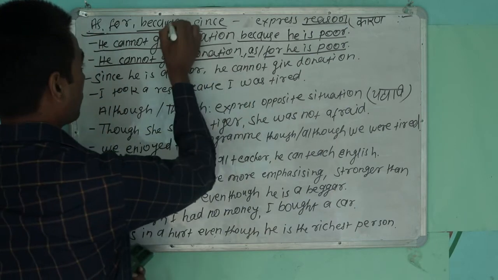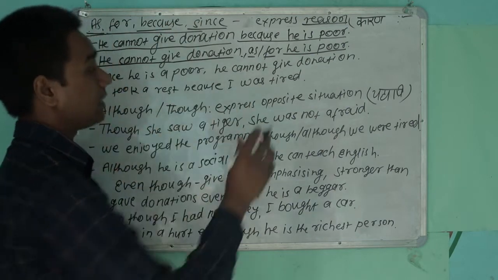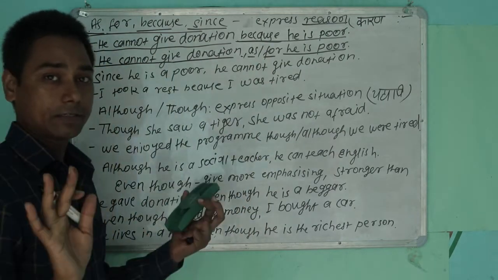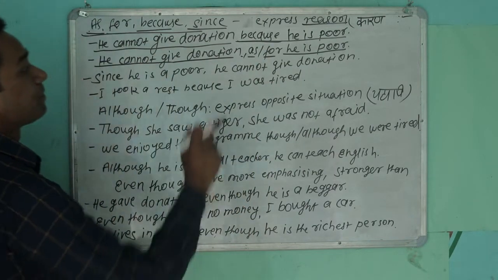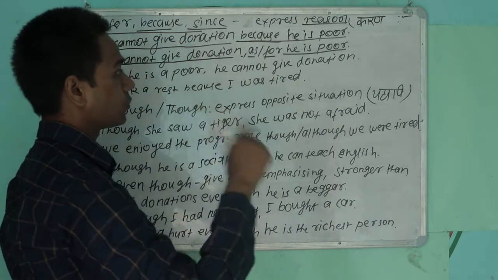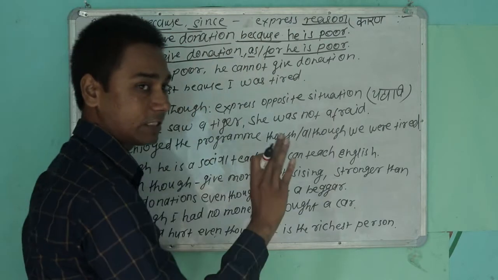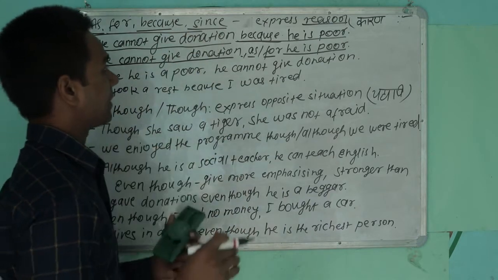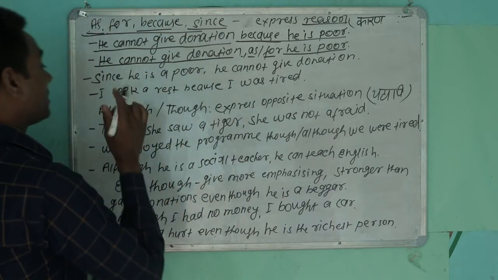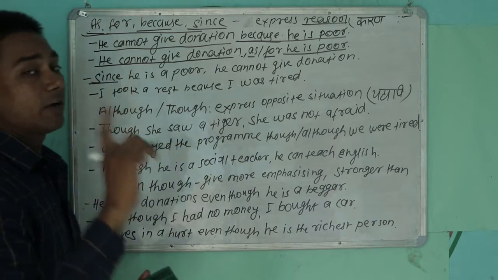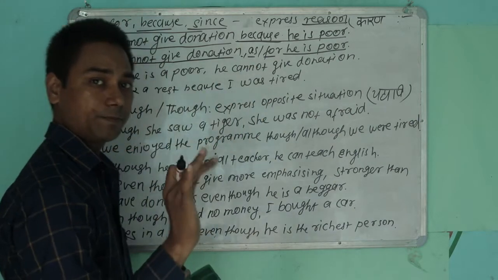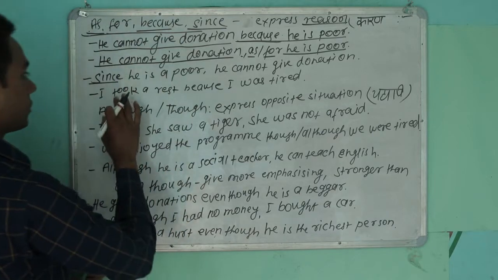But because can be used only in the middle of the sentence, not at the beginning, never. Yeah, my dear student, because can be used only in the middle of the sentence. Okay, then since can be used only at the beginning of the sentence, never we can use in the middle of the sentence, never. So understood you this about these rules?